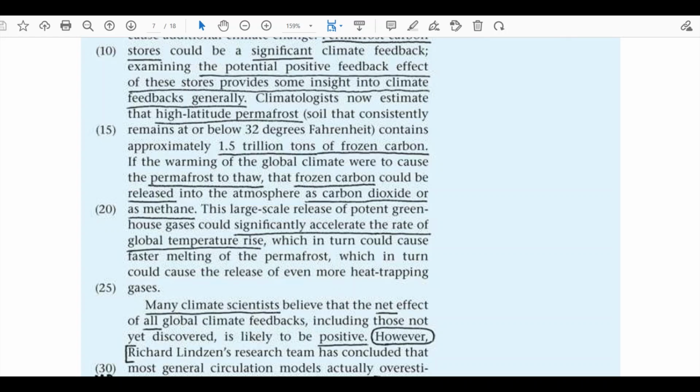Here it is: examining the potential positive feedback effect of these stores provides some insight into climate feedbacks generally, which says that the permafrost carbon stores are a potential positive feedback. Additionally, the permafrost is not mentioned in the second paragraph's discussion of the findings made by Linson's research team.